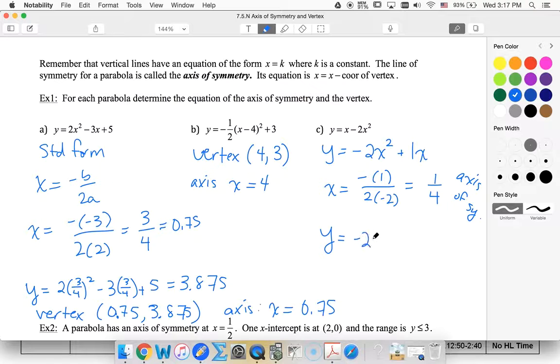So I did negative 2 times 0.25 squared plus 0.25 and got 0.125. So my vertex is 0.25 and 0.125. So if I'm going to use 1/4, then I should make them both fractions or both decimals.